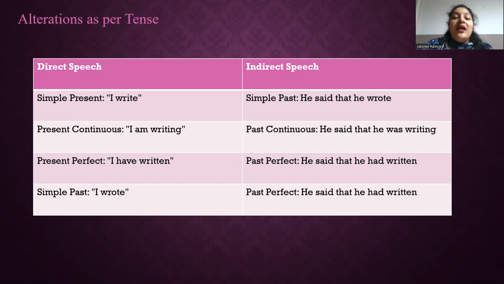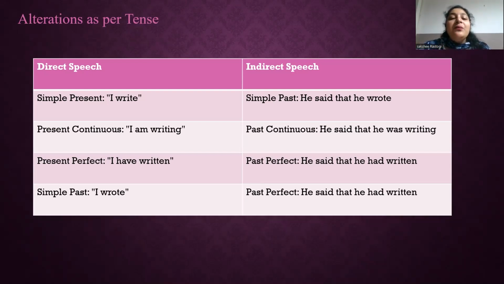So this comes in the alteration as per the tenses. When using reported or indirect speech, the tenses of the original sentences may change depending on the tense of the reporting verb. This is called the sequence of tenses. Here I have some alterations as per the tenses.